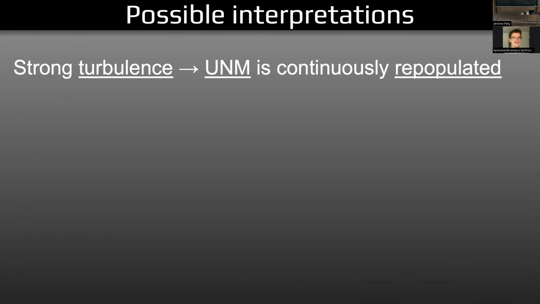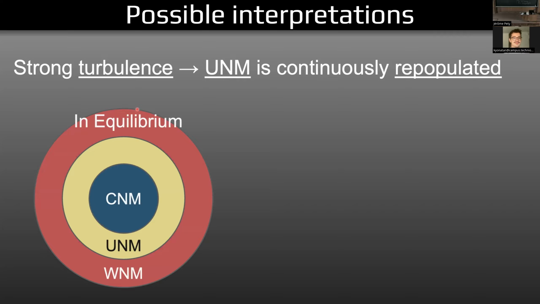So maybe we have possible interpretations of this result. The one that we think contributes the most is strong turbulence. In recent works, it has been shown that turbulence really affects the UNM structure. So how does it work? In simple words, if we start with an ISM in equilibrium, then the classical models expect that UNM will act just like an interface between the two stable phases.